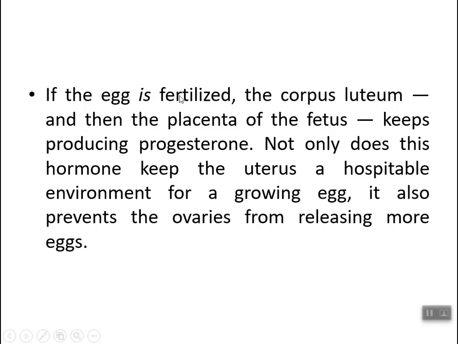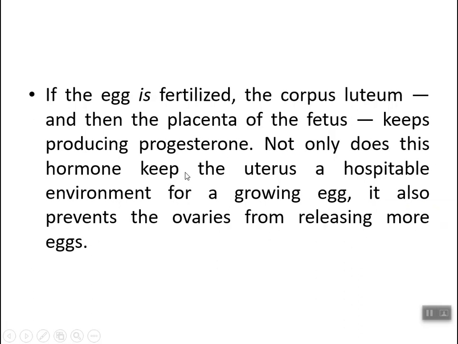So if the girl has conceived, the corpus luteum and then the placenta keep producing progesterone throughout the pregnancy. Not only does this hormone keep the uterus a hospitable environment for a growing egg, it also prevents the ovary from releasing more eggs.